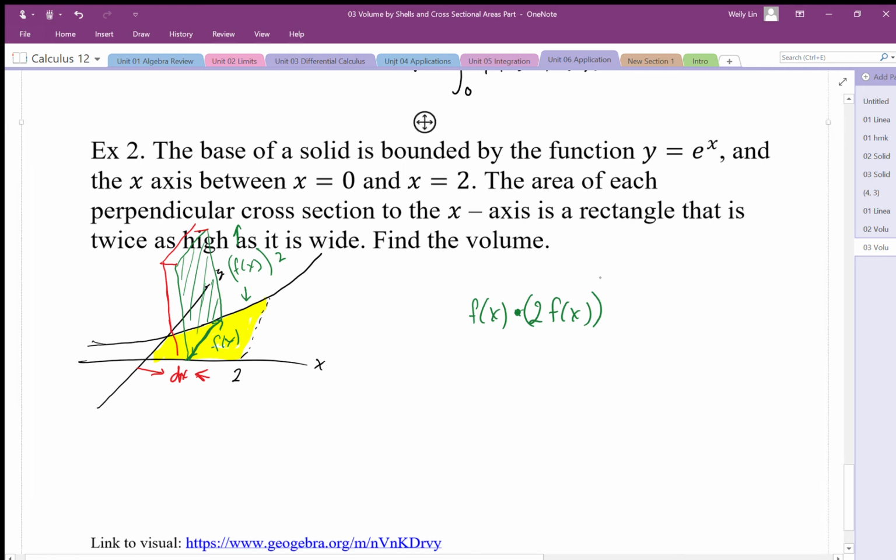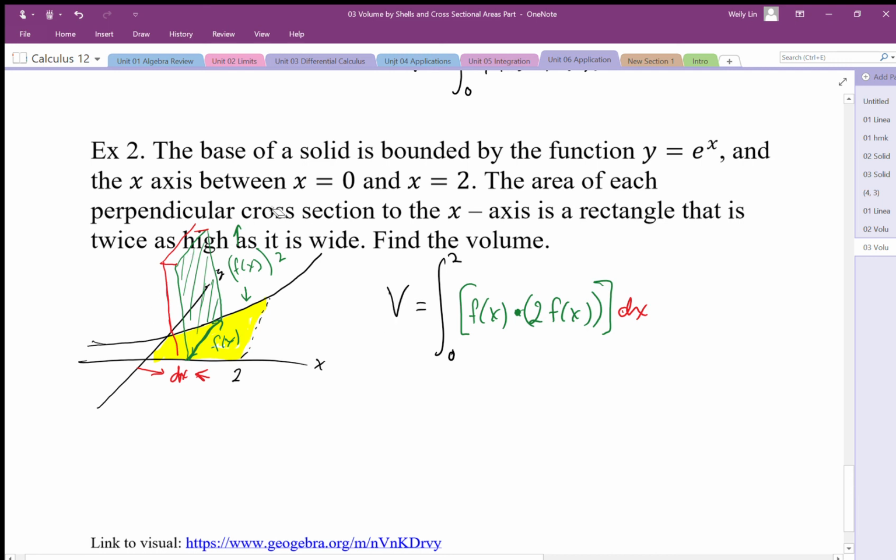Then we have to take this area and give it some thickness to get some volume. So I'm going to multiply that by dx and then integrate from 0 to 2, and that will give us the volume of that three-dimensional shape.